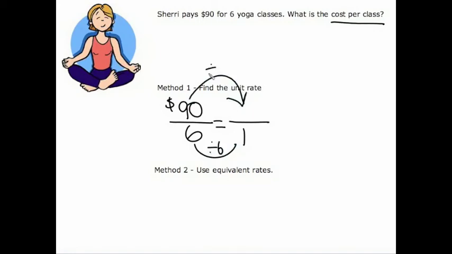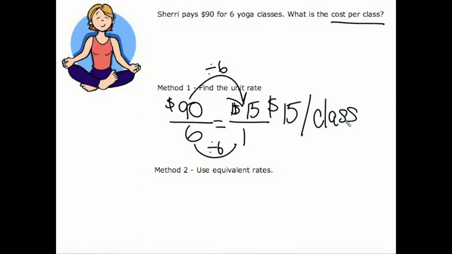So over here, we're going to do the same thing. Divide by 6. 90 divided by 6 equals $15. So the unit rate is $15 per class.